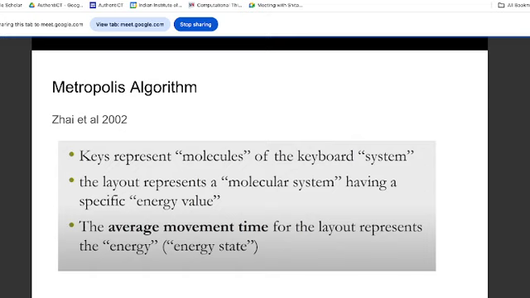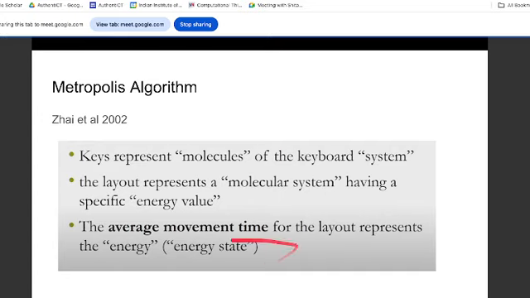I'm not covering the very minute details of this Metropolis algorithm. Basically, what the Metropolis algorithm does is it represents the system with an analogy to energy states.